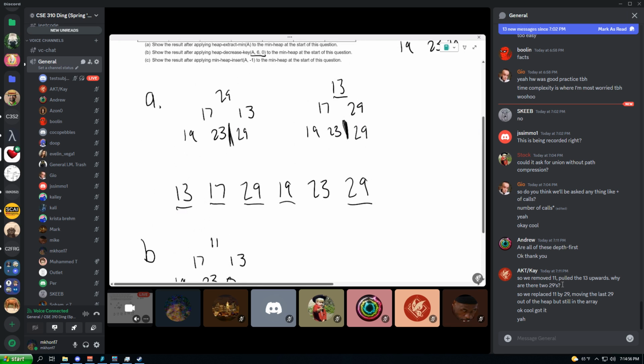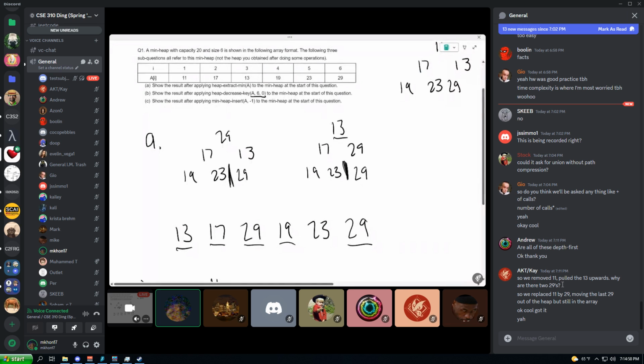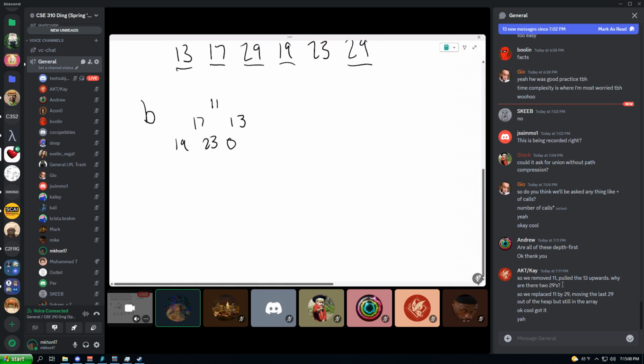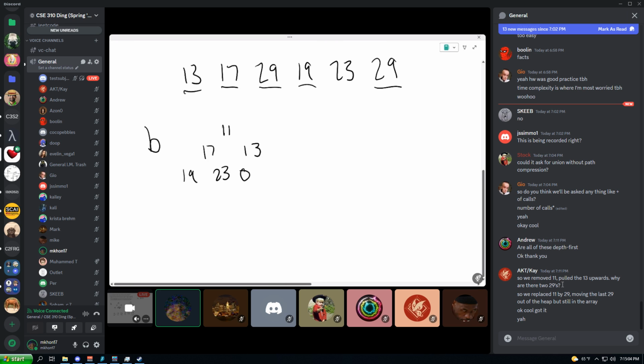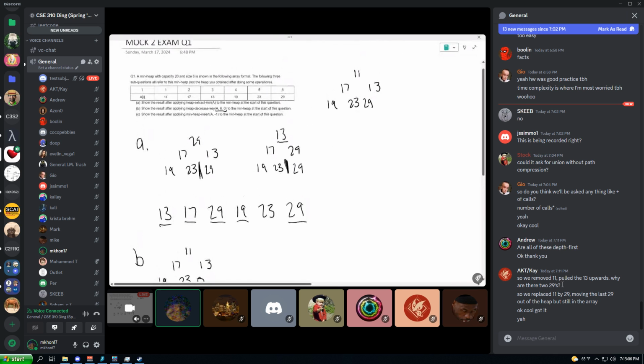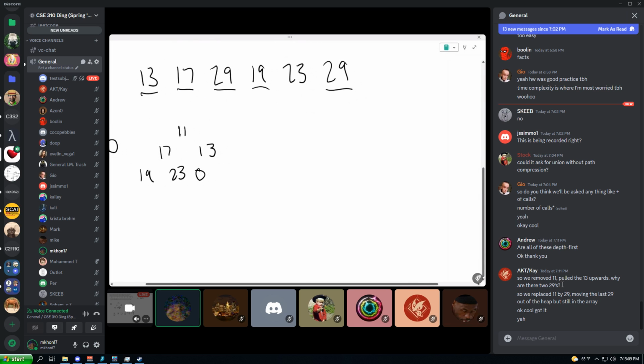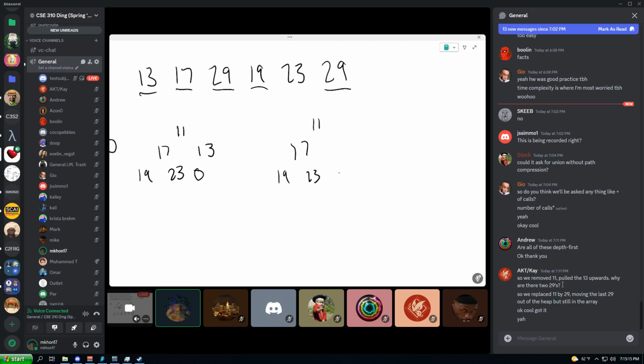Good enough. Once that happens, since we call decrease key, we're going to move up. Every time the parent is larger than the 0, we keep moving up, since this is a min heap, right? Now, 19, 23, those don't change. The 13 is larger because it was the parent of the 0, so we move it down.